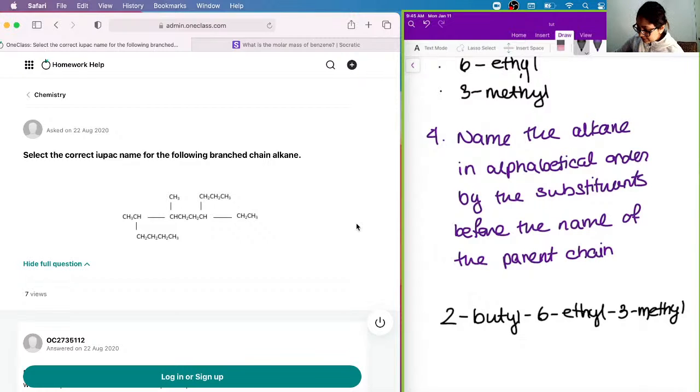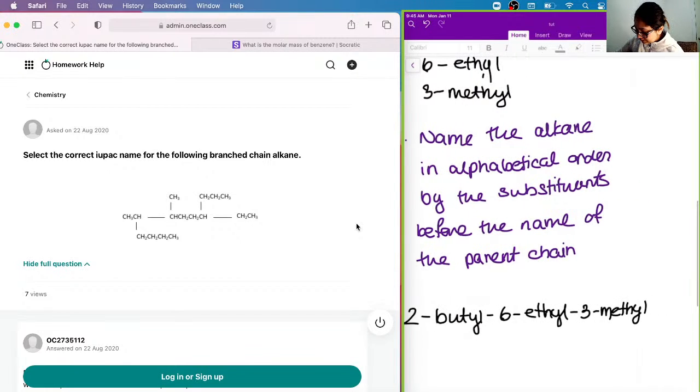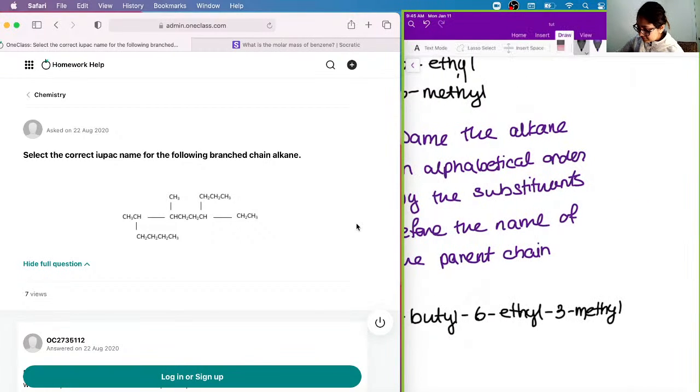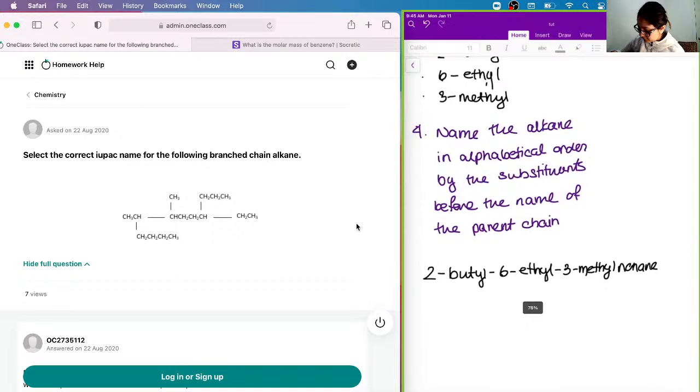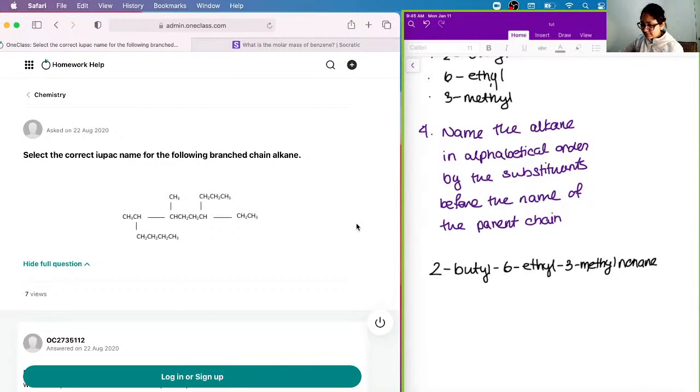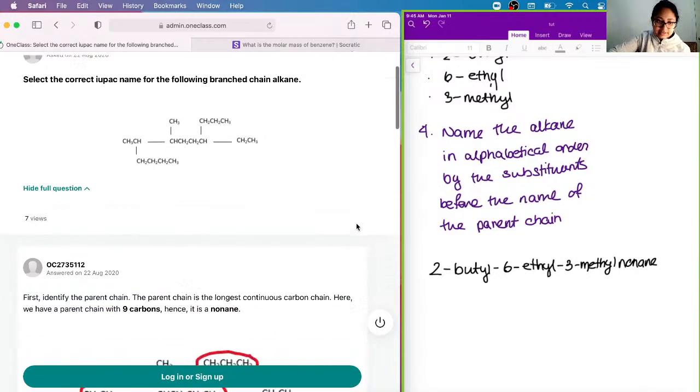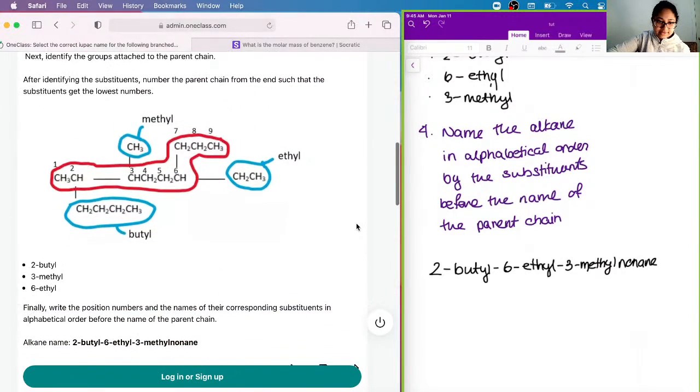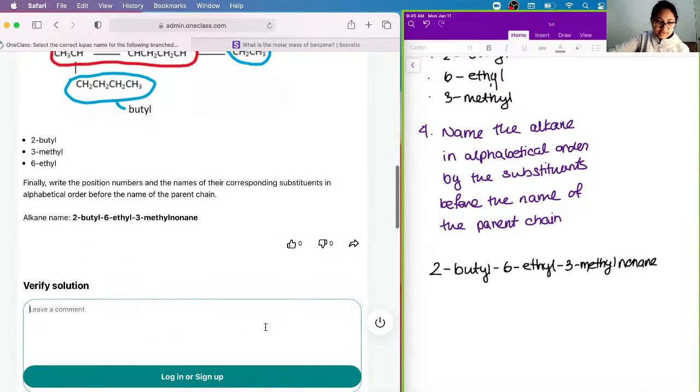And lastly, since our parent chain was nonane, we wouldn't put a hyphen here, we would just put nonane. Okay, so this is the name of our alkane: 2-butyl, 6-ethyl, 3-methyl nonane. You can see that the solution is correct.